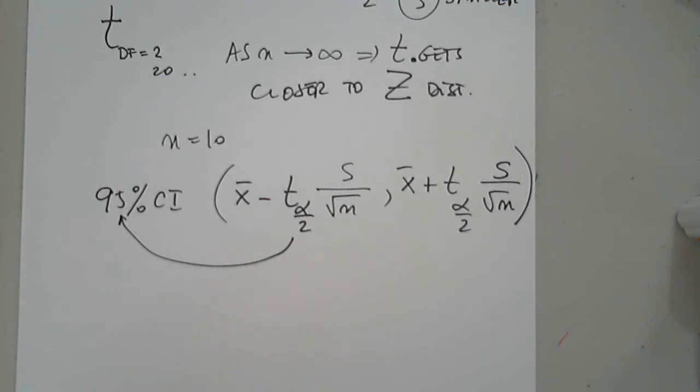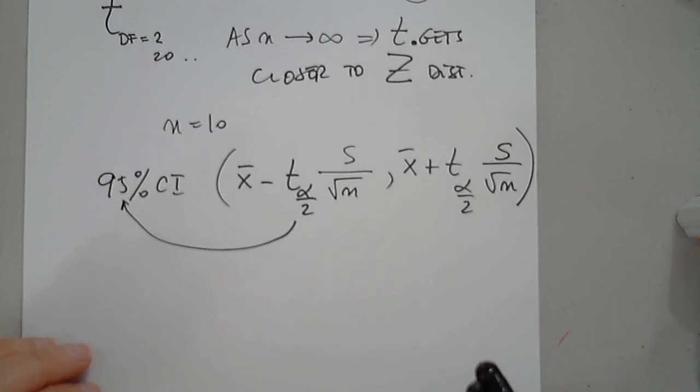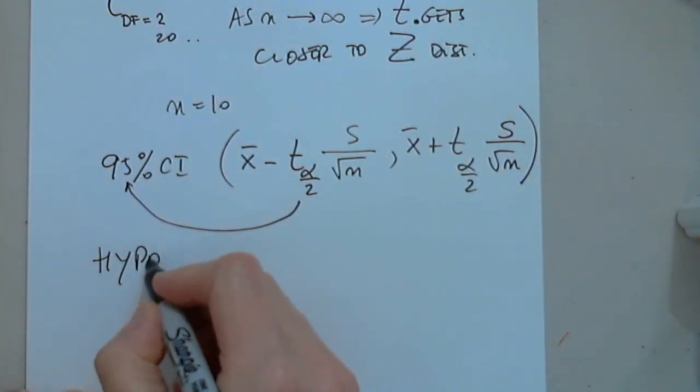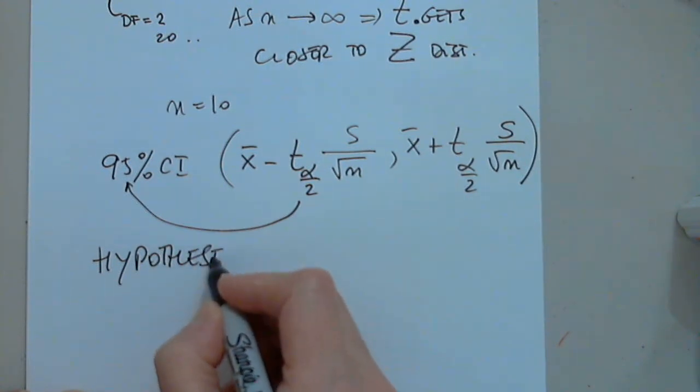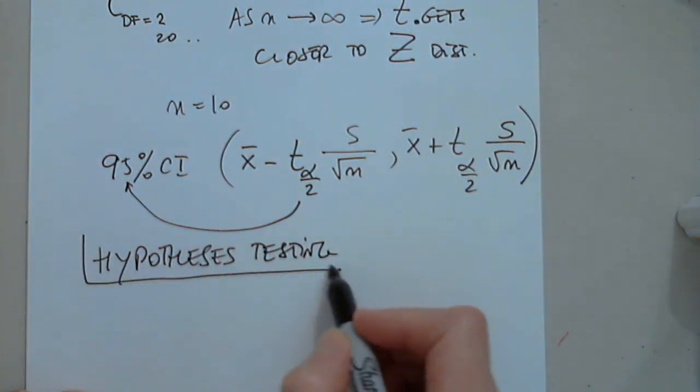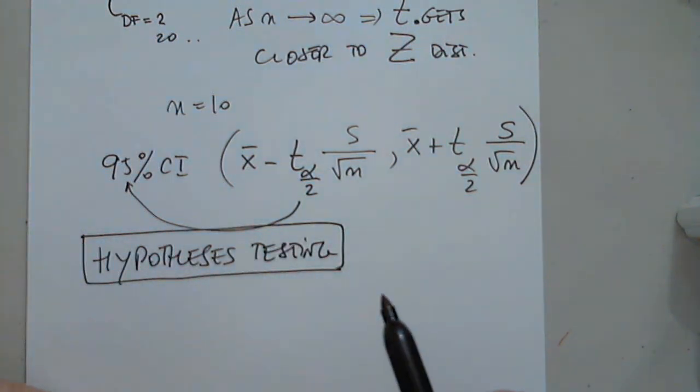So this is what we want to do today. And if we finish this, all problems or most of them, then we can continue with the next step. What is the next step in this class? Hypothesis testing. And this is the last item that we need to look at.